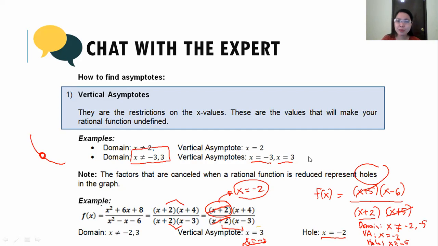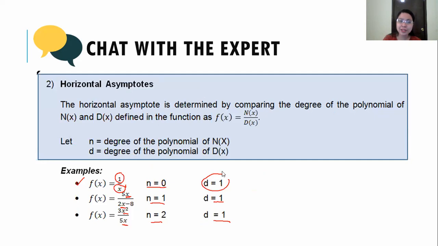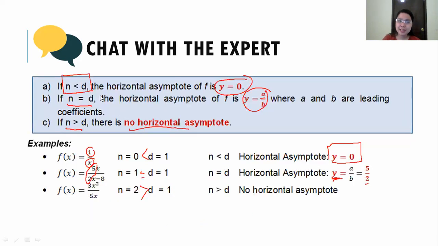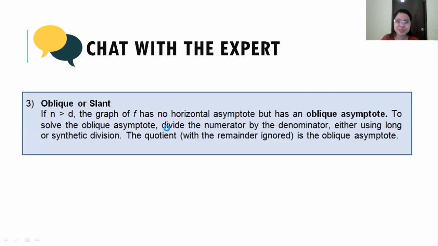Next, your horizontal asymptote is solved based on the degree of the numerator and denominator. If the numerator's degree is less than the denominator's, we have y equals 0. If they are the same, the fraction of the coefficients. If the numerator's degree is greater, then we don't have a horizontal asymptote.